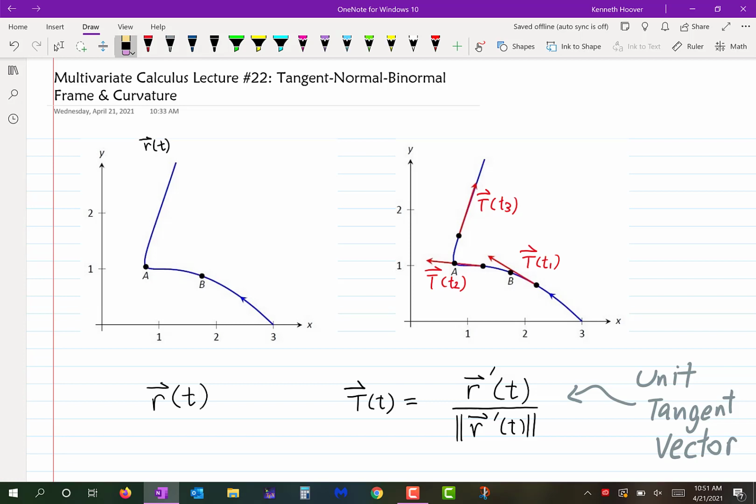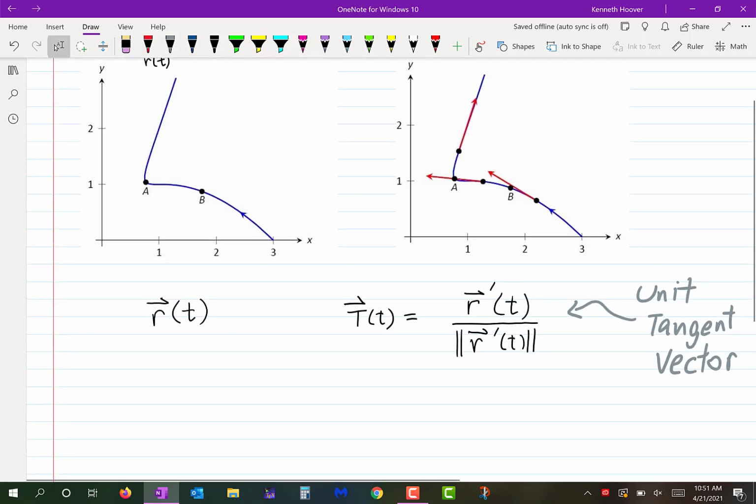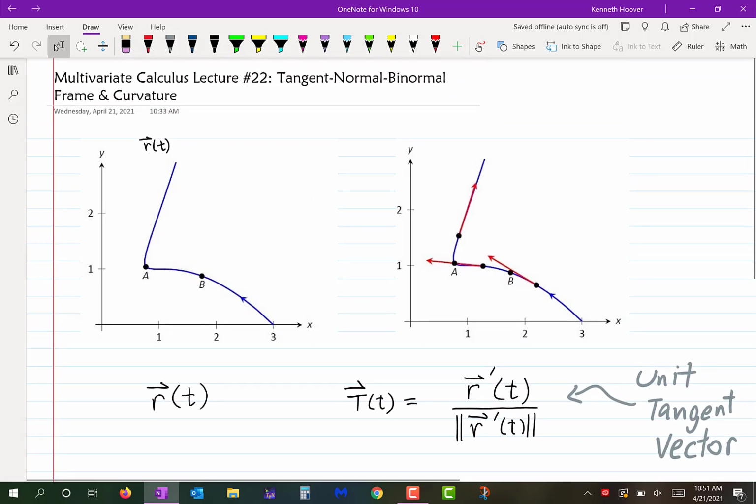Let's do this. I'm going to erase that writing that's there just because it's taking up so much space. I'm going to write those again, smaller, so that we have here T of T1, T of T2, and T of T3.